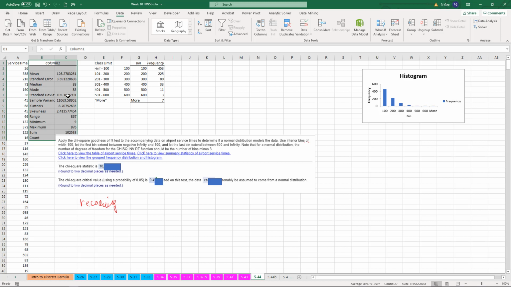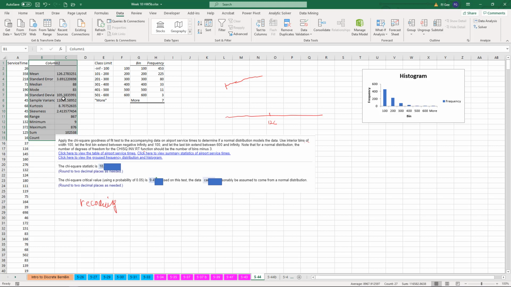Okay. So you can kind of look at this, kind of weird. If this is normally distributed data and you have a mean of 126, it says the roll off is not going to be out until the first standard deviation, which is 105.